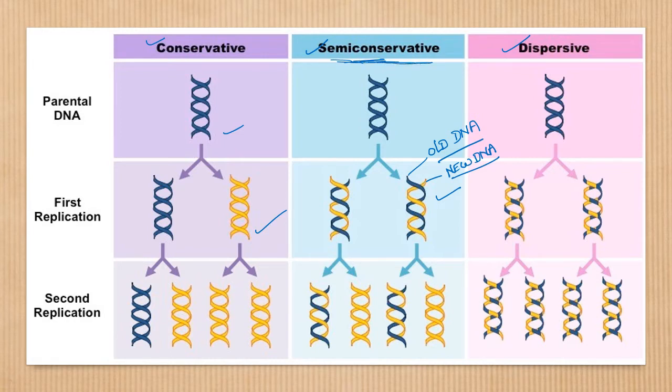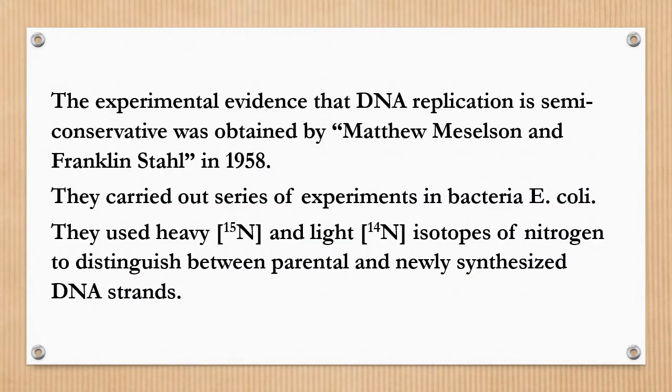We will discuss that experimental proof. The experimental evidence that DNA replication is semi-conservative was obtained by Matthew Meselson and Franklin Stahl in 1958.